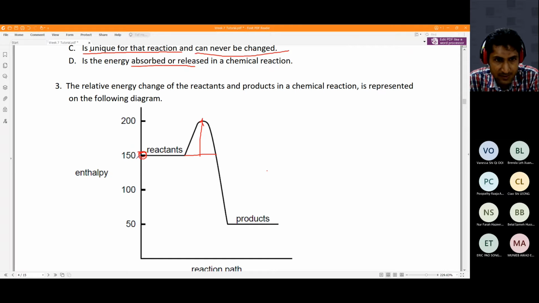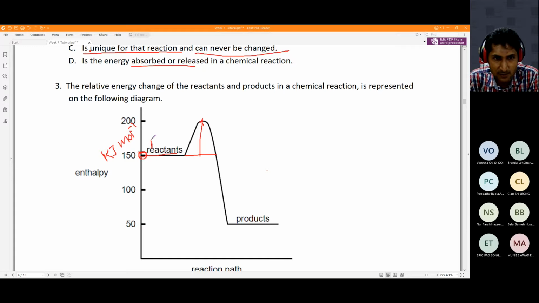At the beginning, they had 150 kilojoule per mole, just for example, and then the reaction is going this way.